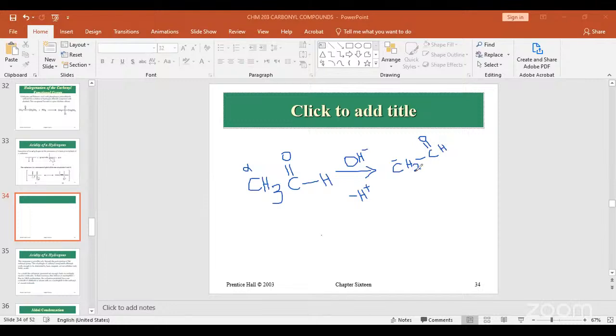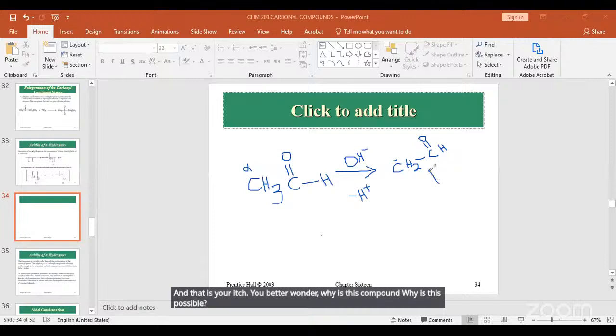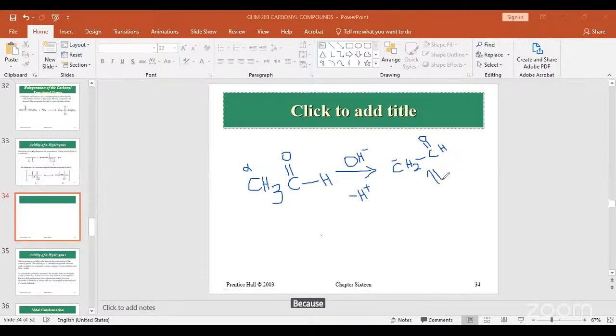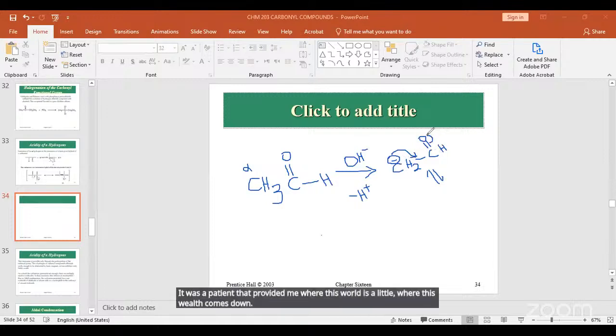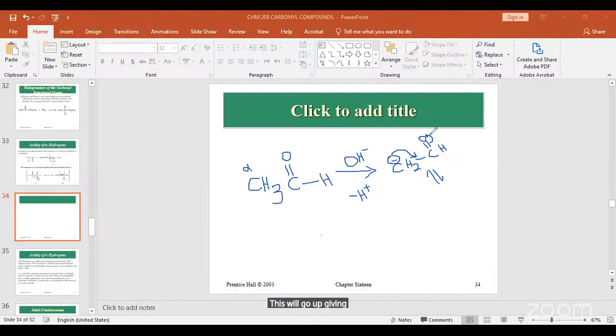You may now wonder, why is this possible? Because this intermediate can be resonance stabilized. I'm sure in your class, with either Mrs. Anita or Dr. Abayomi, they must have mentioned it. When this one comes down, this will go up, giving you another canonical form.